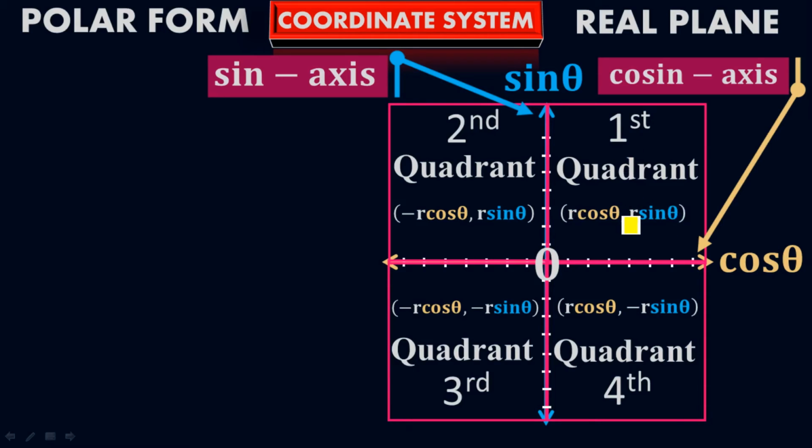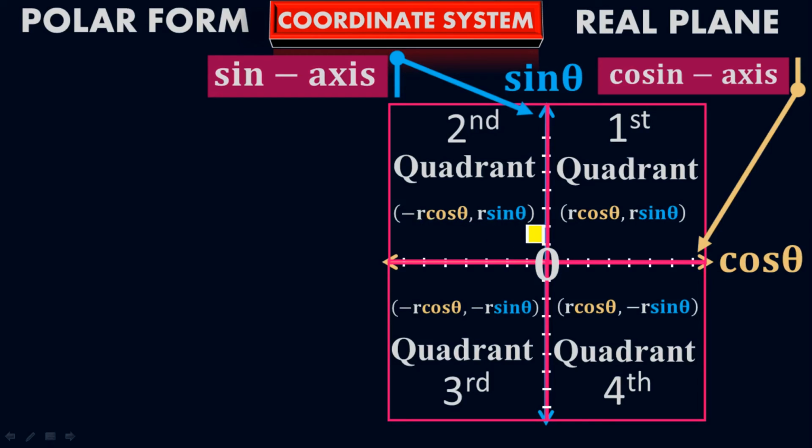The basic logic of the ordered pairs is absolutely the same as what we have done in the Cartesian plane. In the Cartesian plane, both the quantities of the ordered pair are positive. The same thing happens here for the polar form. In the Cartesian plane, we had x, y, or a and b iota, but this time we have r cos theta and r sin theta. Only the elements are different.